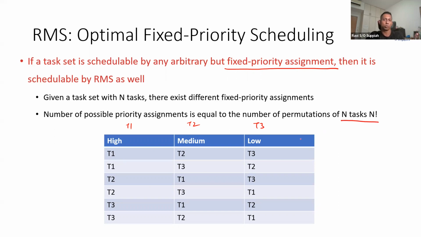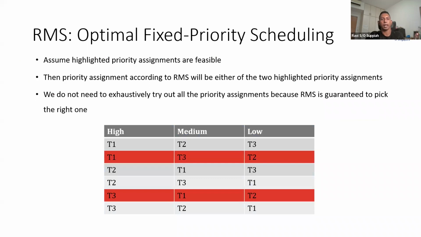If I go through all of these permutations and draw out the hyper period, what I will see is, if any of these combinations actually works, that means it's a feasible schedule. When we say feasible schedule, it means you are able to meet the deadlines. Then it is guaranteed that RMS would be one of them.